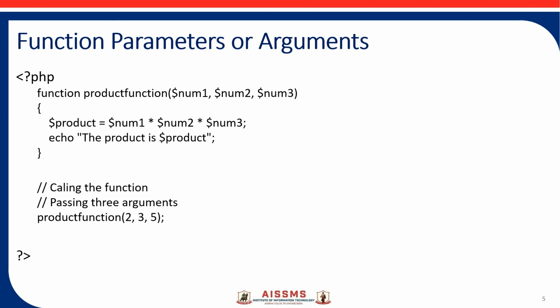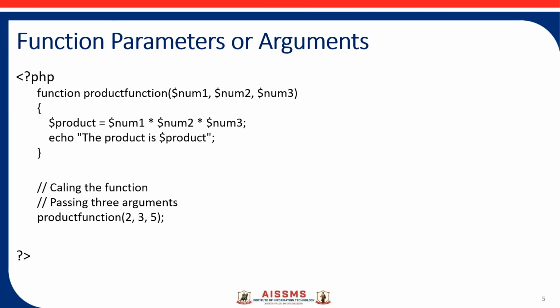Function parameters or arguments. Here, calling the product function, there are 3 parameters: 2, 3, 5. When the function gets called, the value 2 is stored in $num1, value 3 is saved in $num2, and value 5 is stored in $num3.